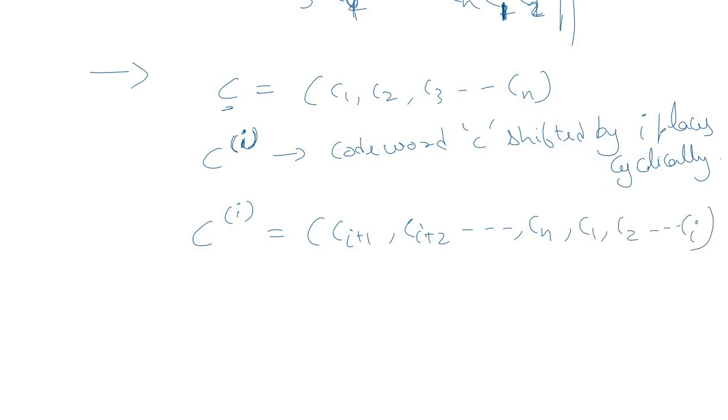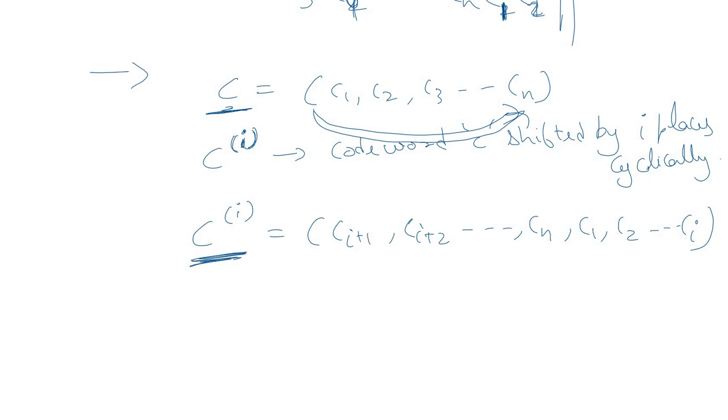That means we are shifting this code word C by i places cyclically, and that shifted code word is known as C(i).